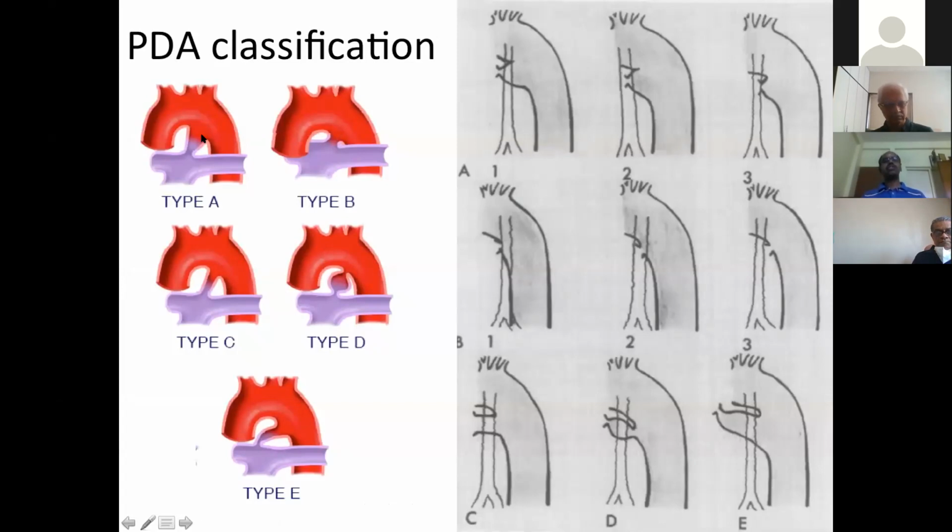Large aortic end is type A, narrow aortic end is type B, tubular is type C, multiple constrictions is type D, bizarre shapes are type E. And this was the era when the Rashkind device was being used. So in order to fluoroscopically identify the narrowest portion, they called it pretracheal, paratracheal, or posttracheal. The principle was, whenever the PDA has a restriction, it is suitable for a Rashkind device.